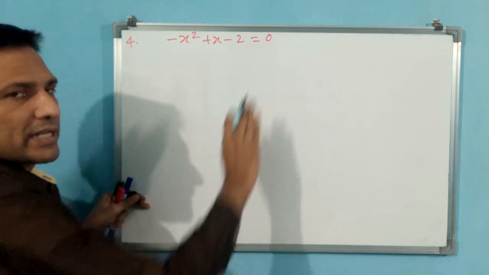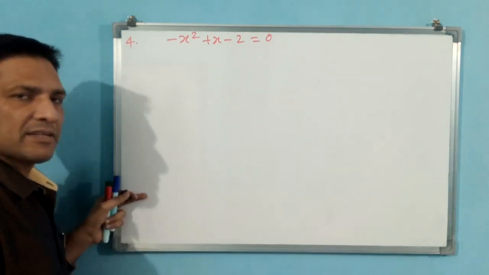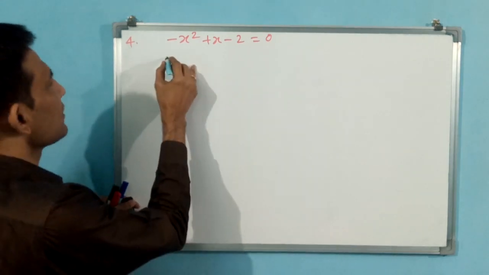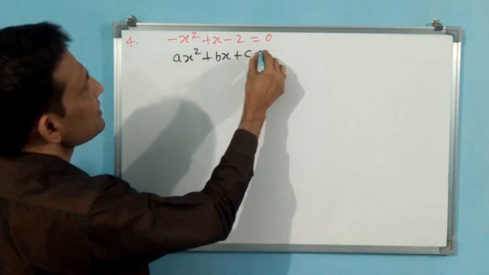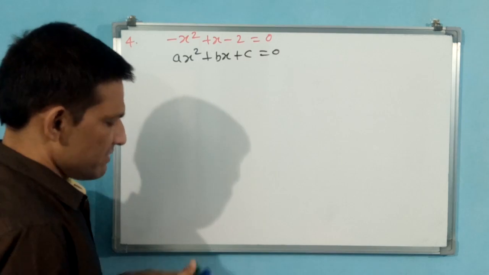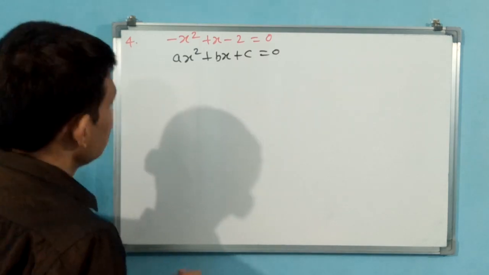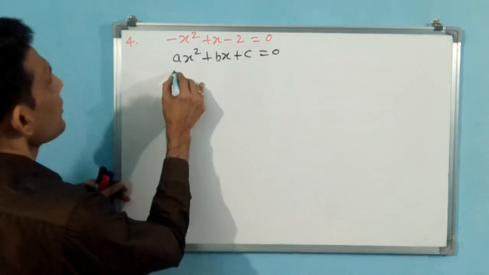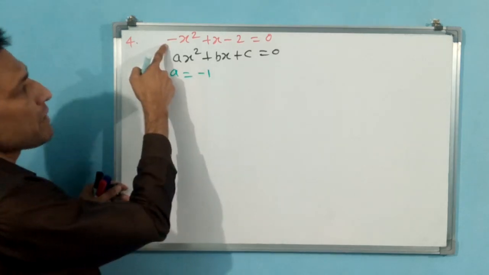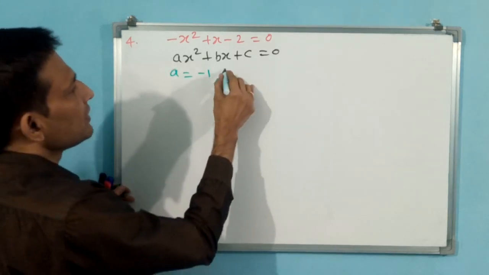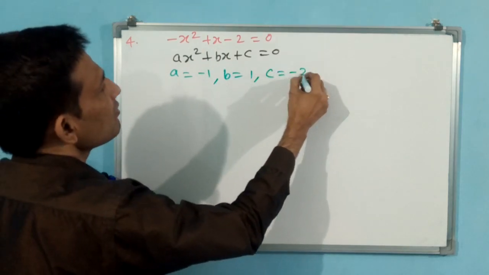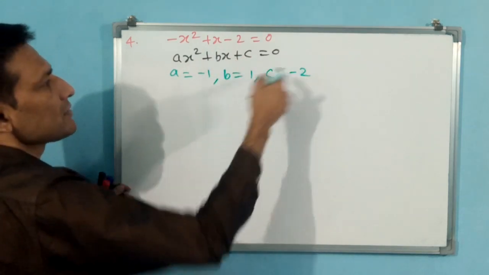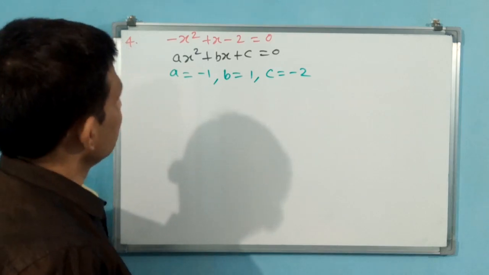If you write the standard equation, then automatically you can compare and write the coefficients A, B, C. Okay, ax square plus bx plus c is equal to 0 will be the standard equation. Then a is equal to minus 1, here you see minus 1. b is equal to 1 into x. c is equal to minus 2. Okay, like this are there.